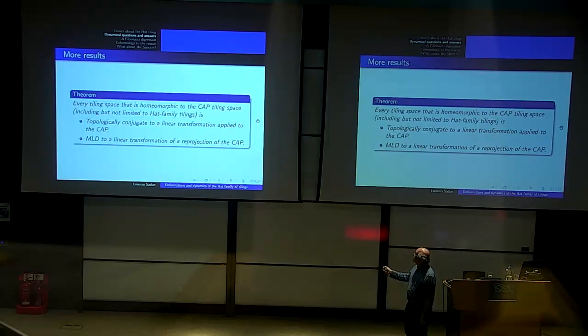It's conjugate to a linear transformation applied to the cap, and therefore it's locally equivalent to a linear transformation of a reprojection of the cap. In other words, it's basically a hat AB tiling. There's nothing new. If you look at all of the things that are homeomorphic to the cap tiling, it's the things that you already knew and nothing extra. There's a sort of topological rigidity to the whole game.